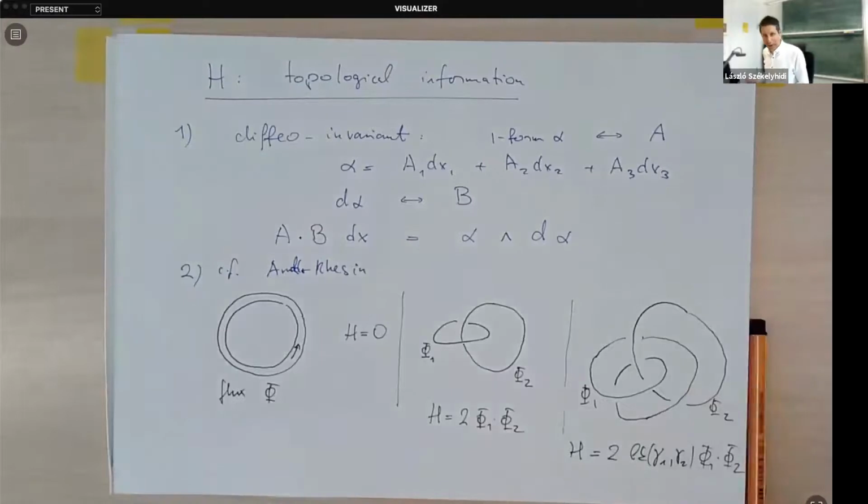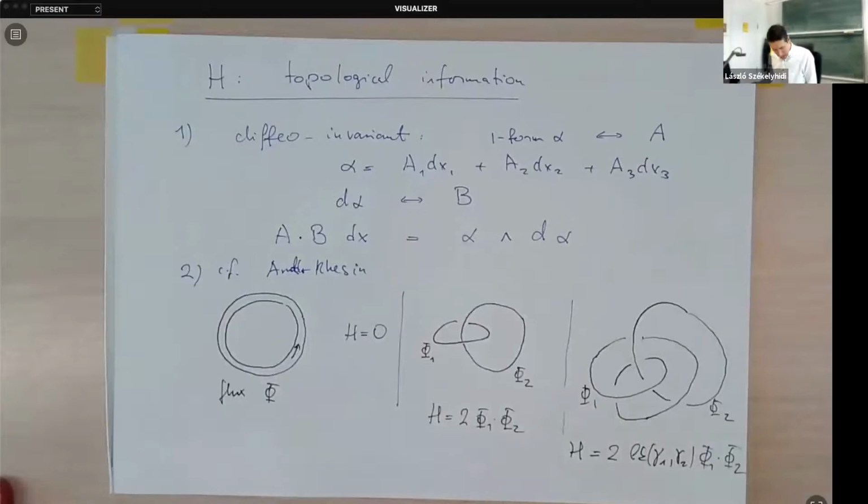Okay, so just to give an example of the type of topological information, and of course for a general field there is a version of this counting links. What I think Arnold introduced, the asymptotic linking number, but I don't want to go into this.